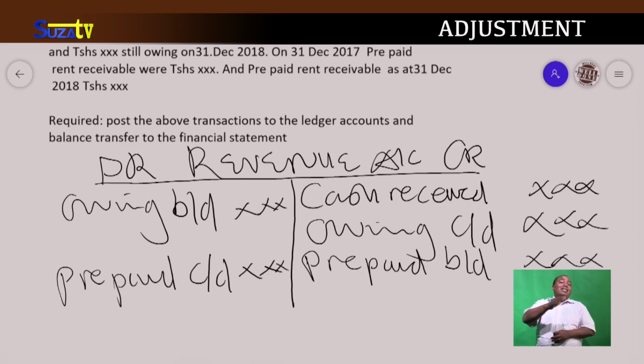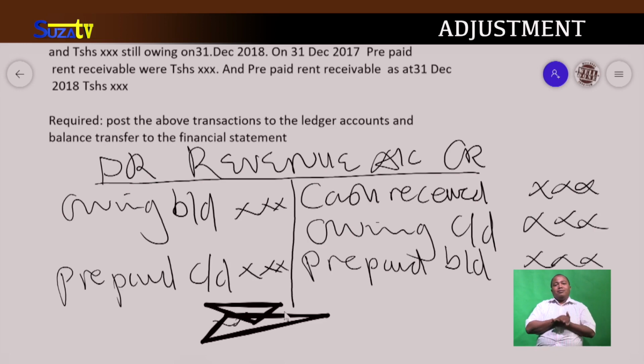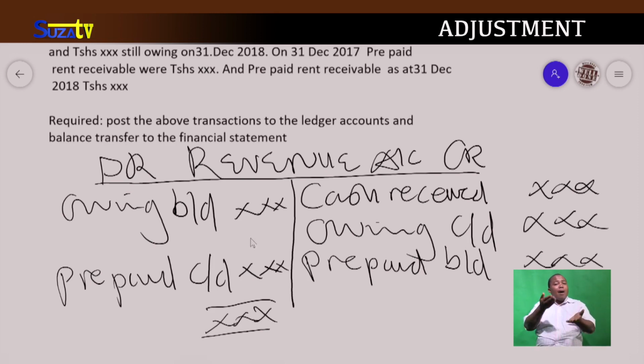Then you add all the amount of credit, you got X, and the debit side X, you got X. Then after adding the amount of the credit side, you less the amount of the debit side.